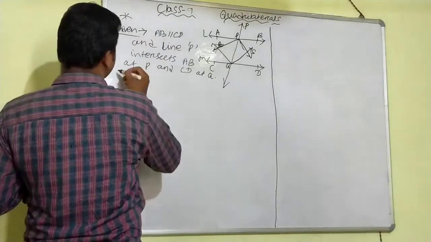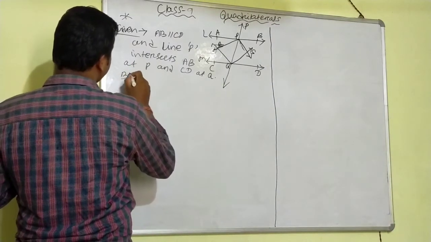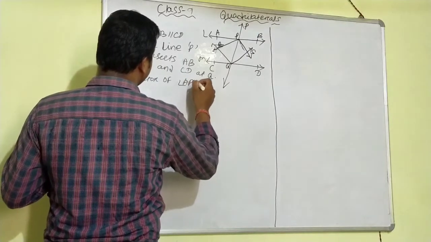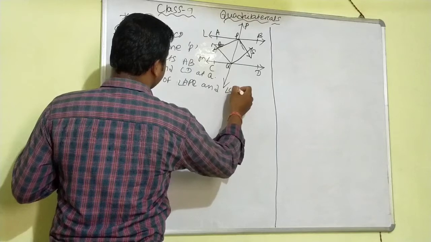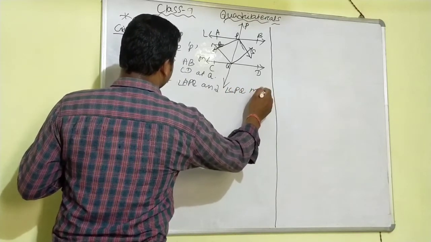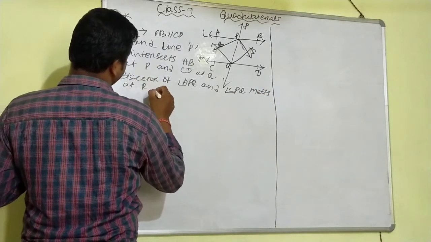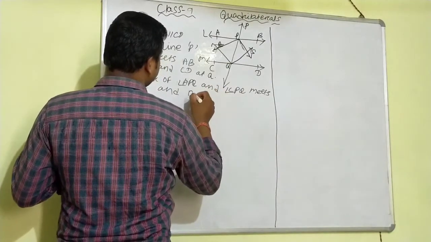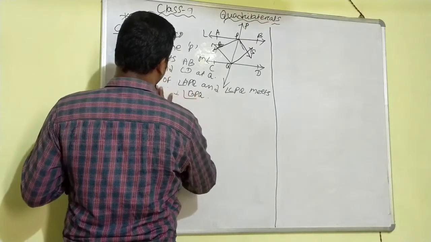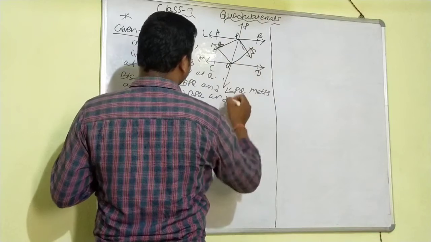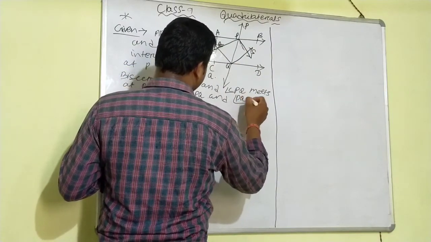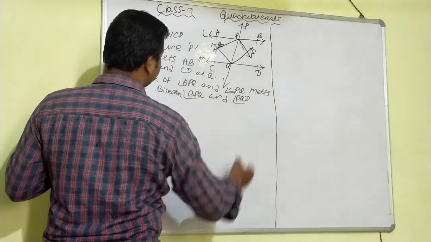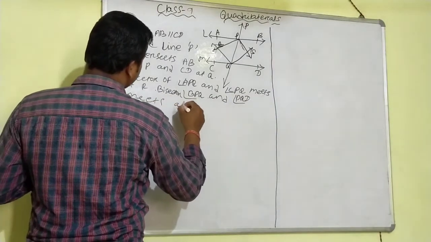Okay, the angle bisectors of angle APQ and angle CQP meet at R, and the bisectors of angle BPQ and angle PQD meet at S point.